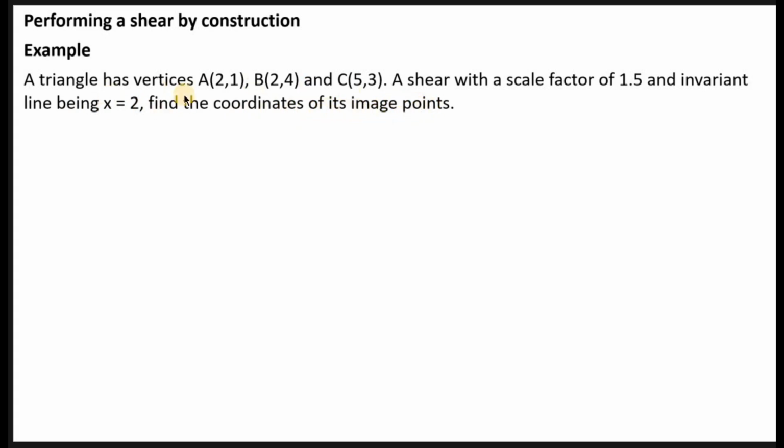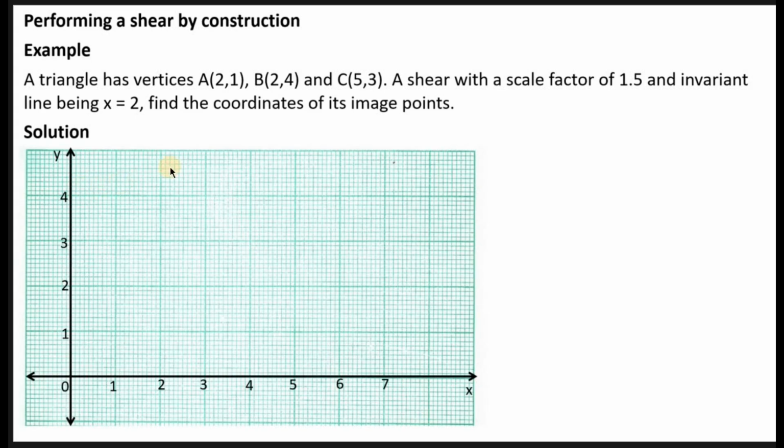So using construction, before we find the coordinates of its image points, we need first of all to plot this triangle on the Cartesian plane. So solution: bring the Cartesian plane, and then we'll start plotting these points one by one.